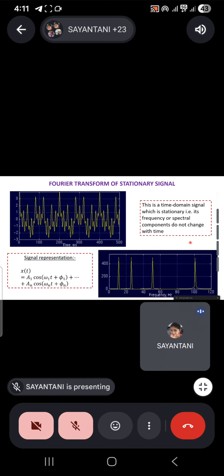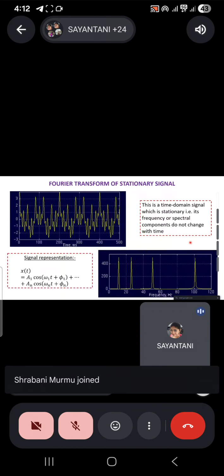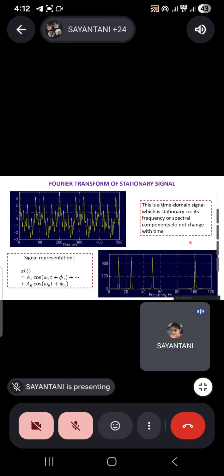Now, there are certain characteristics associated with Fourier transform: the Fourier transform output is much more precise if I'm dealing with stationary signals. So what are stationary signals? Time domain signals which are said to be stationary, it means that certain characteristics like the frequency characteristics or its statistical characteristics like mean, variance, all these characteristics of the time domain signals, they do not change with time.